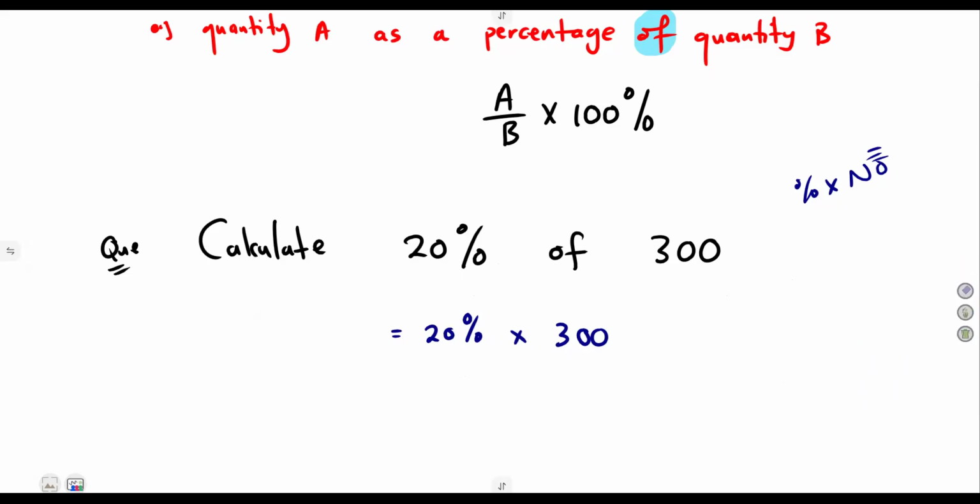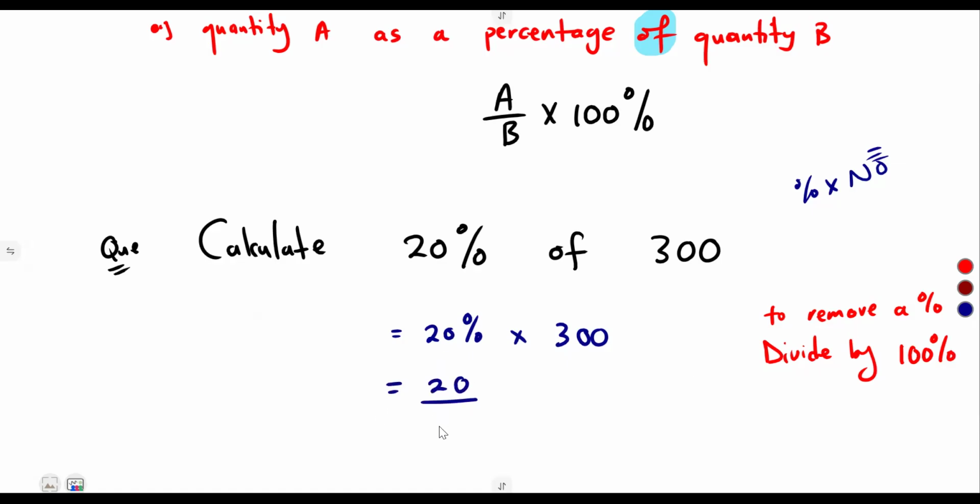So whenever there's a percentage, to get rid of that, divide by 100%. To remove a percentage, divide by what? By 100%. Just like that. So where there's a percentage, it's going to be 20 over what? Over 100. So it will be 20% over 100%. This one cancels. We just remain with 20 over 100 times 300.